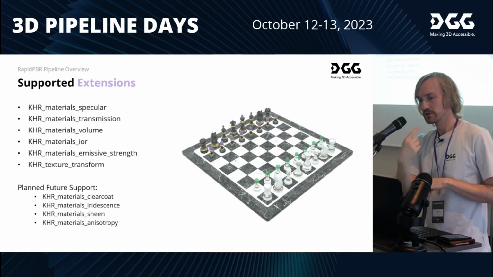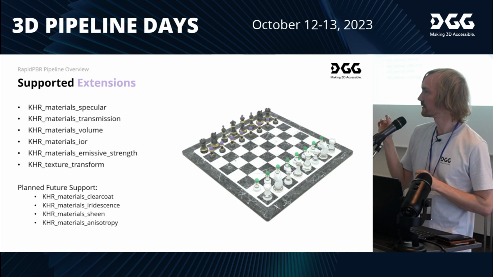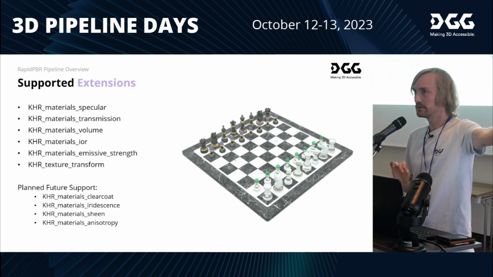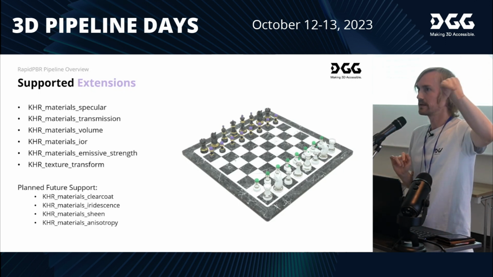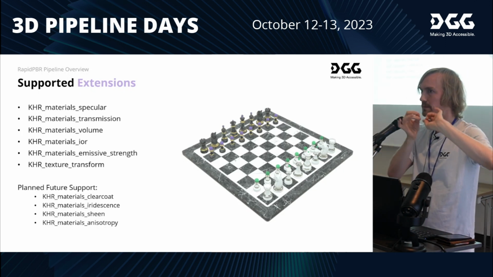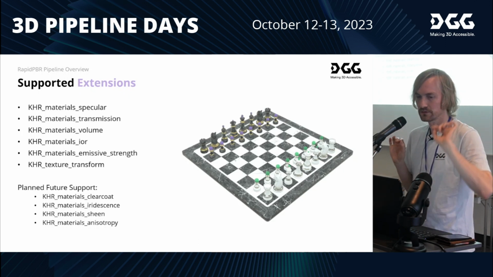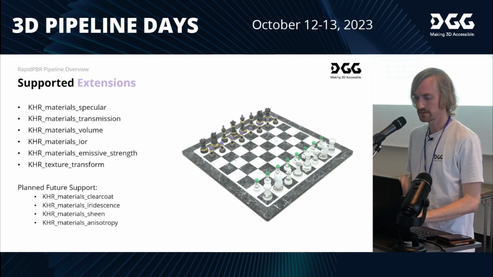There we have the transmission, volume and IOR extensions that allow us to get this effect in real time. We recognize in the V-Ray input nodes that this material should look like this kind of glass, then we read the parameters, translate them, and come up with something that has these extensions attached so that we can reproduce this effect in a GLTF material.